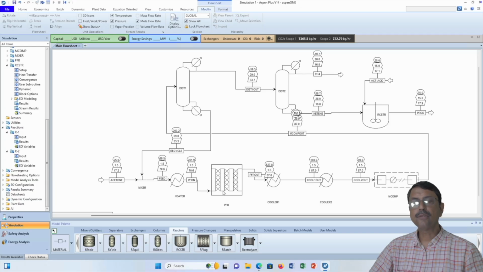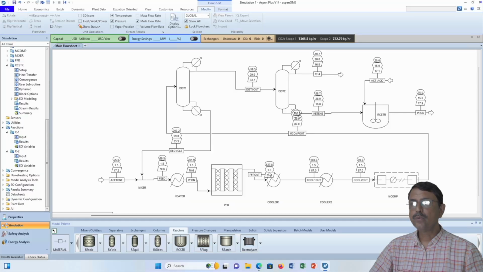So the PFR is operating in vapor phase. And then it is coming out at 627.8 degrees centigrade. Perhaps the PFR is endothermic.